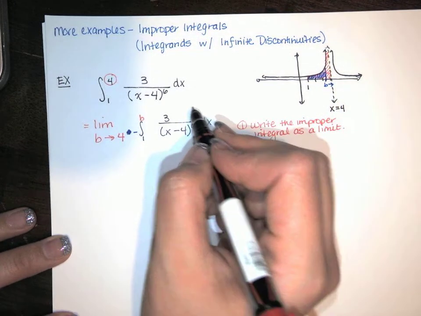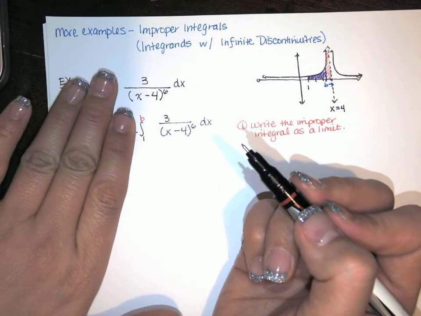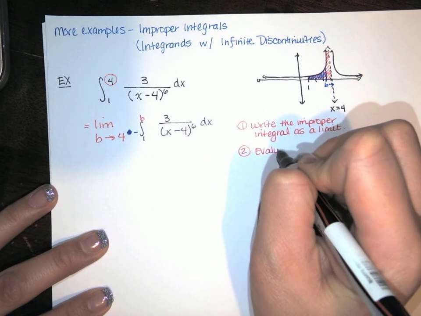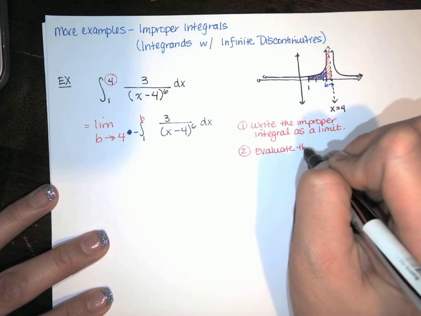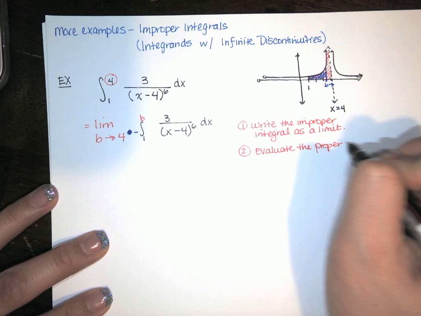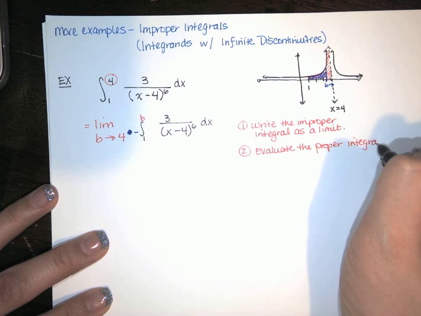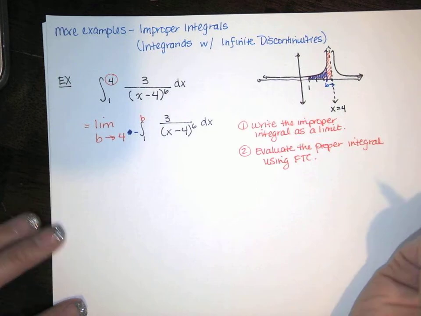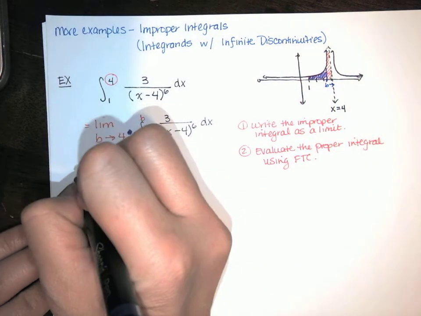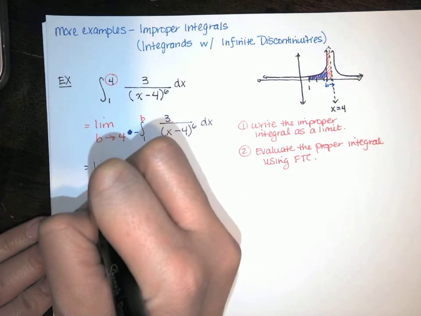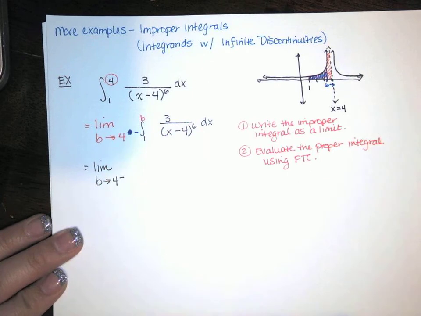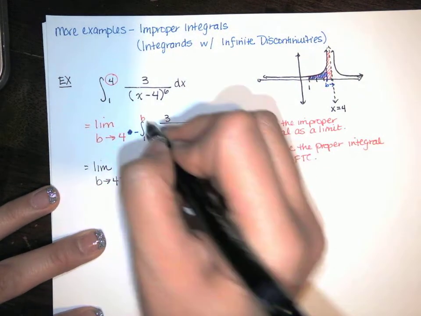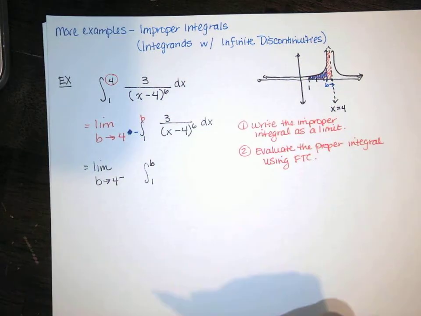And then we just evaluate this proper integral using the Fundamental Theorem of Calculus. Okay, so I'm going to bring my limit along because I want everything to be nice and equal, but I am really focused on this integral here.